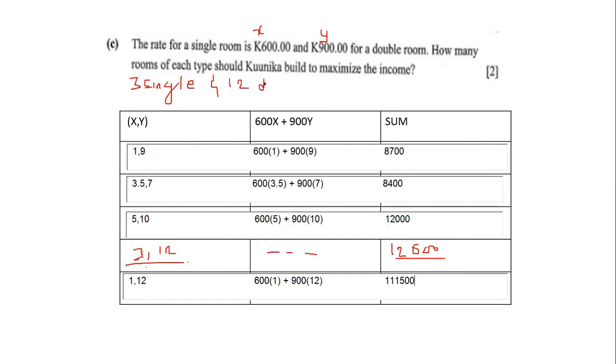This is what Mr. Kunika is supposed to do. And once you answer like that, then you are warm and dry. You get all the full marks that you're supposed to get in linear programming.